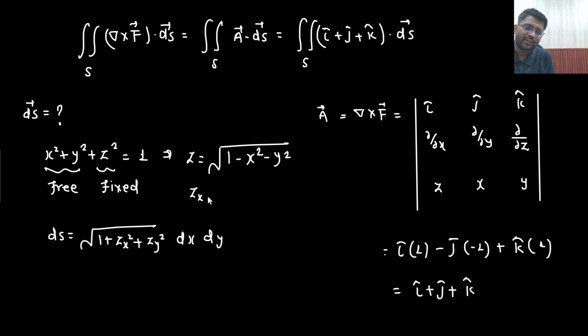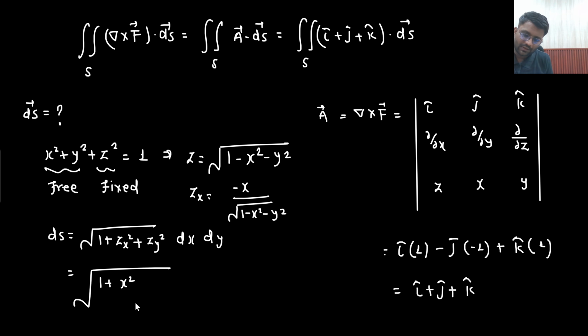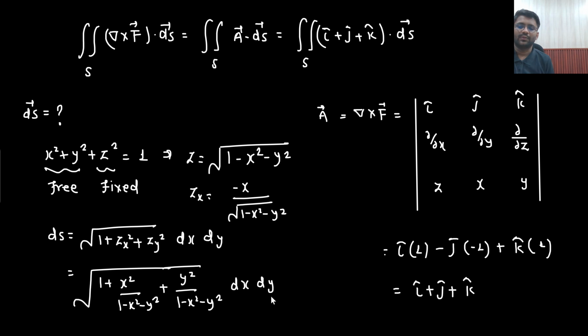So what will be the value of zx you will be getting? Minus x upon under root 1 minus x square minus y square. Similarly, zy also you can write down. So what answer you will be getting here? Under root 1 plus x square upon 1 minus x square minus y square plus y square upon 1 minus x square minus y square dx dy. So what you are getting?